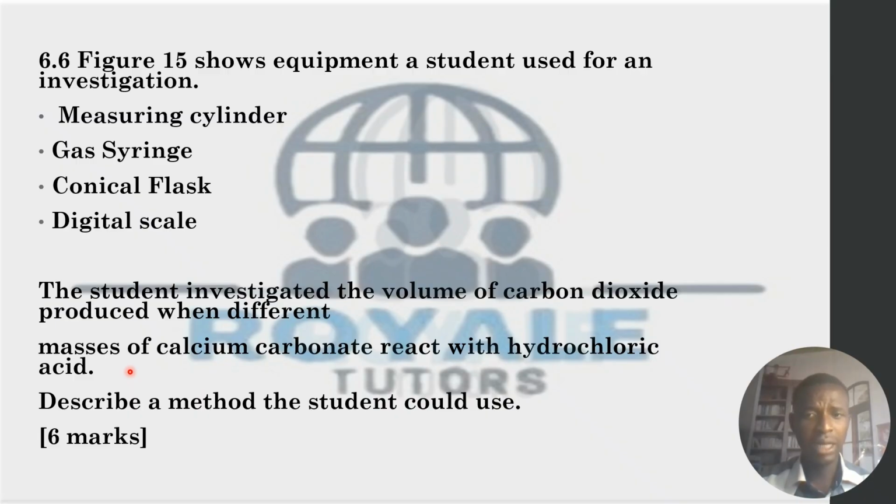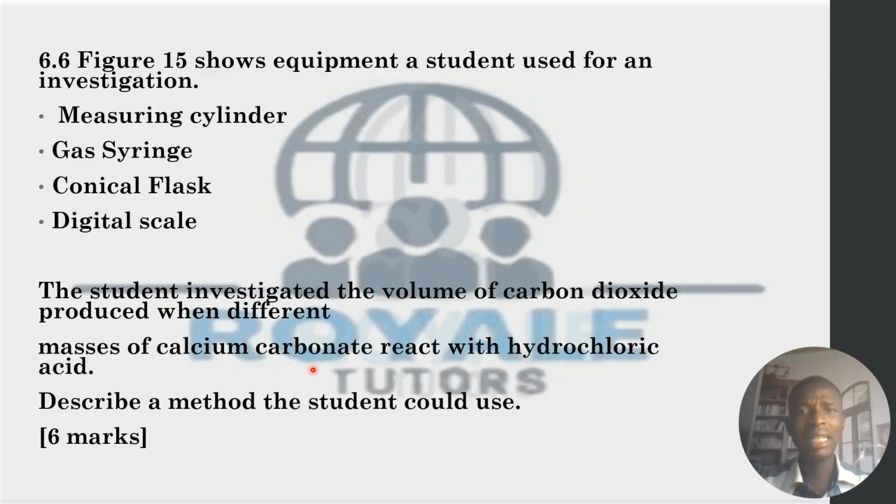Don't forget, these are the apparatus that the student used in conducting this investigation: the measuring cylinder, the gas syringe, the conical flask, the digital scale.